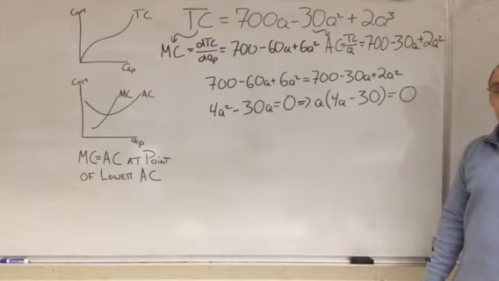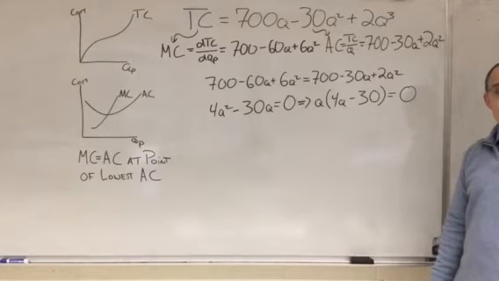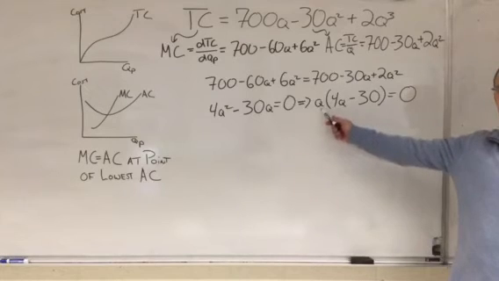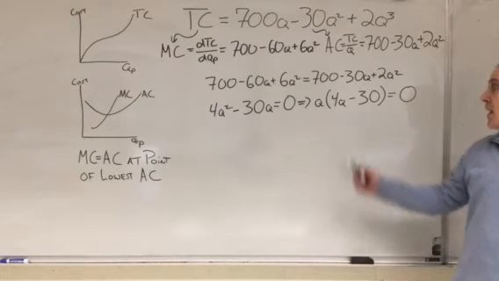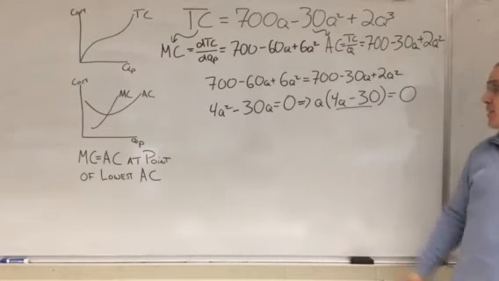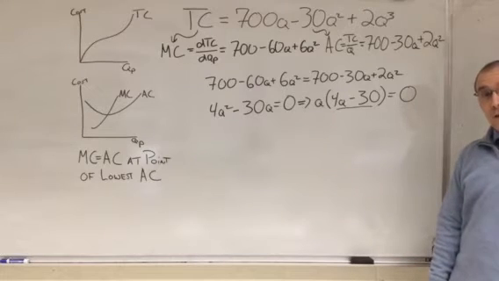Now this gives me an opportunity to think that I have two q's where this will happen, but one of them really doesn't exist, because I should know that when I'm producing nothing, my marginal cost and my average cost are going to be the same.